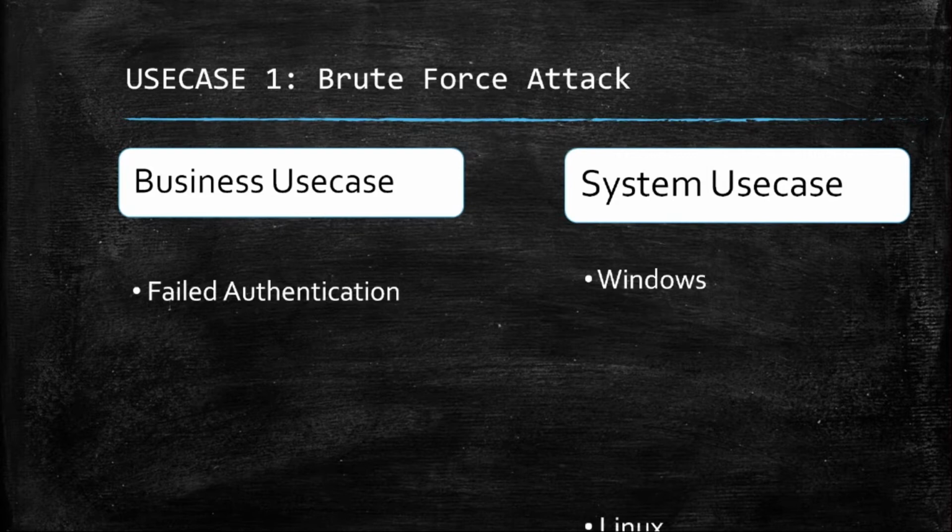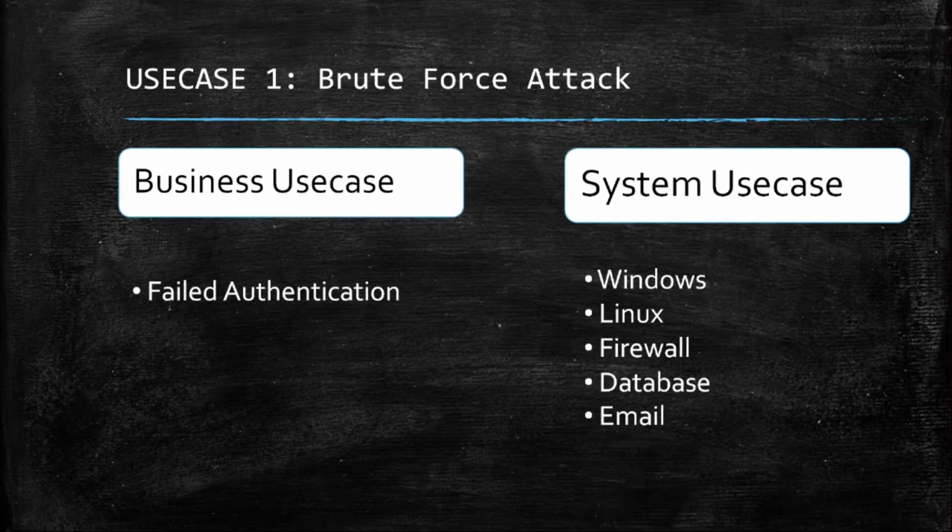Next we have Linux. So this rule will also be used to monitor failed authentication against Linux machines. Next we have a firewall, then the database and then email. So here we have defined 5 different platforms where we will monitor the failed authentication or brute force attack.